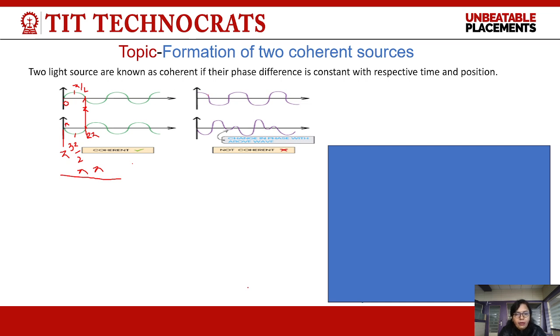But if we go here, the phase of the first wave is pi by 2 and here the phase is pi. So the phase difference is pi by 2.